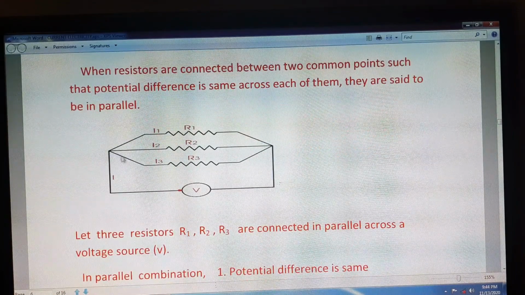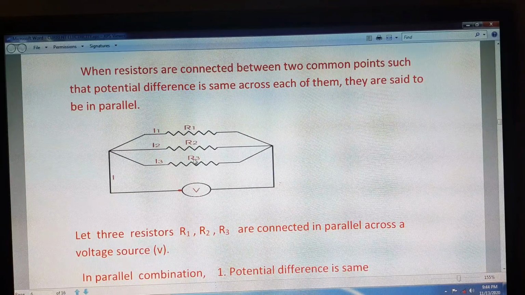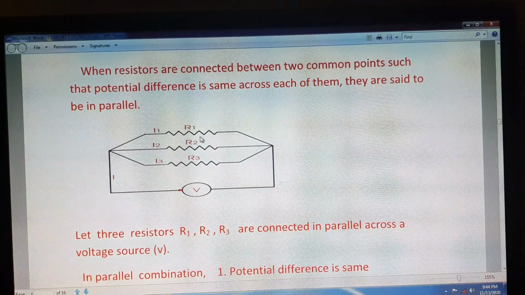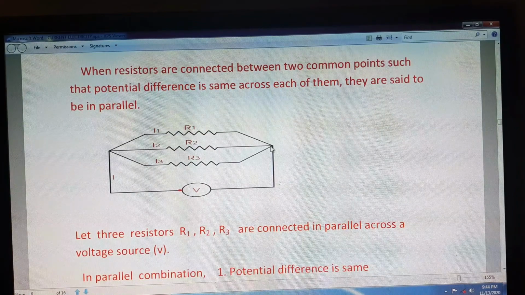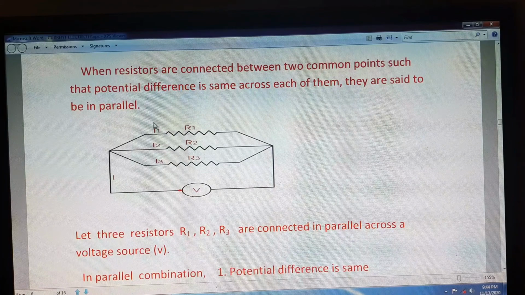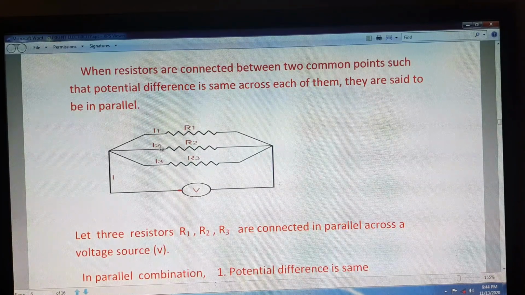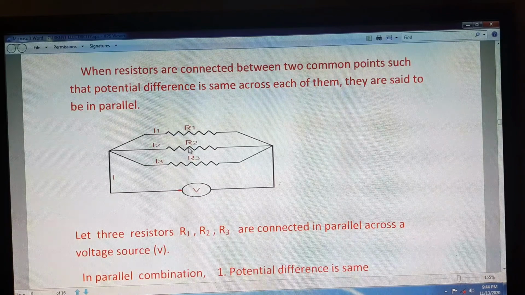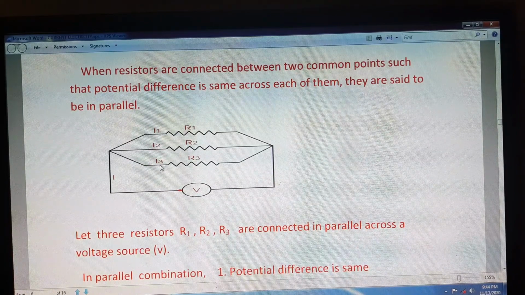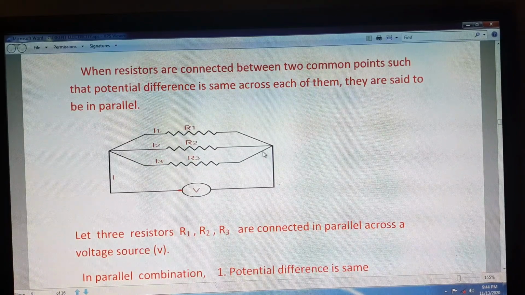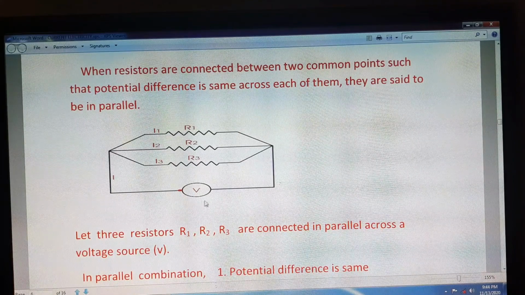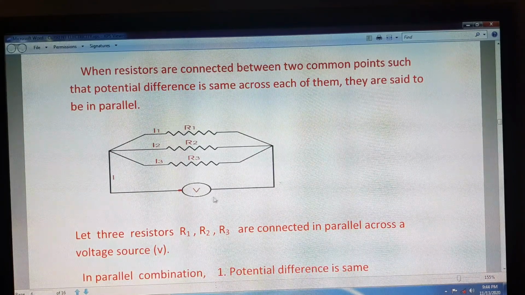When we observe the circuit, the first ends of R1, R2, R3 are connected to a common point, and the second ends are connected to a common point, and the electric current is different. I1 current passes through the R1 resistor, I2 through the R2 resistor, I3 through the R3 resistor, and all 3 resistors are connected with a voltage source.